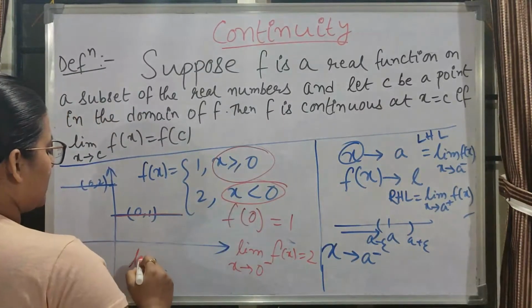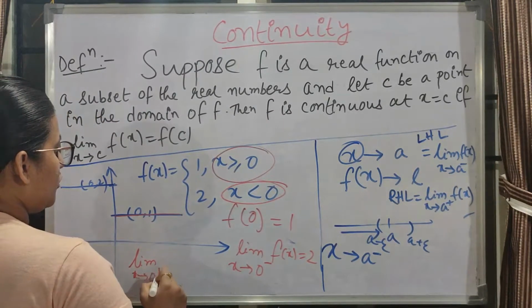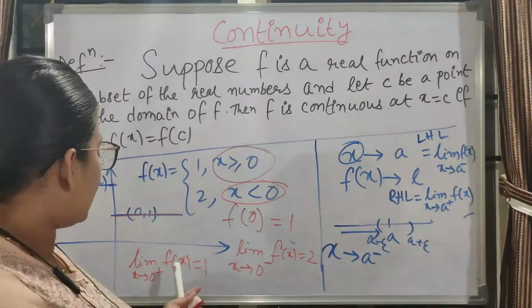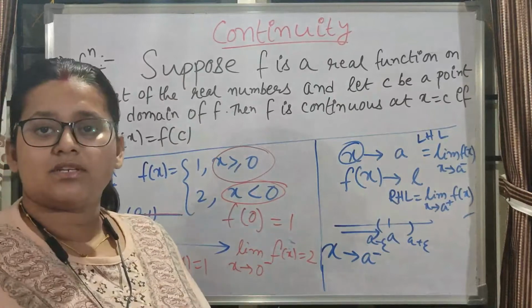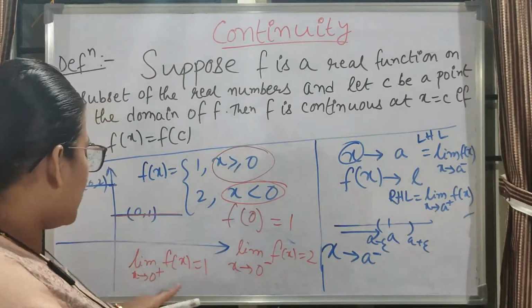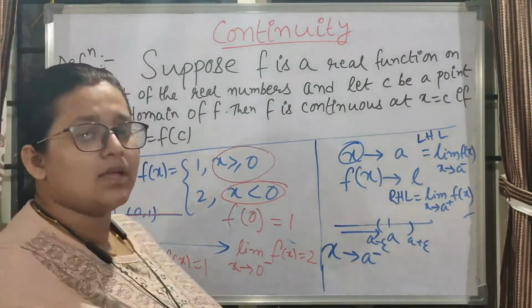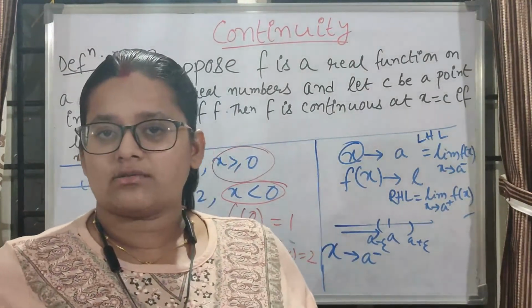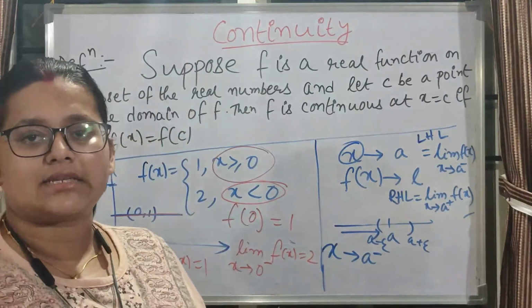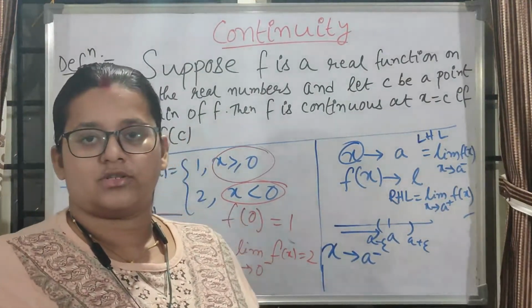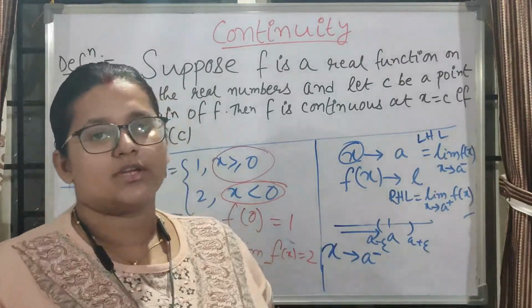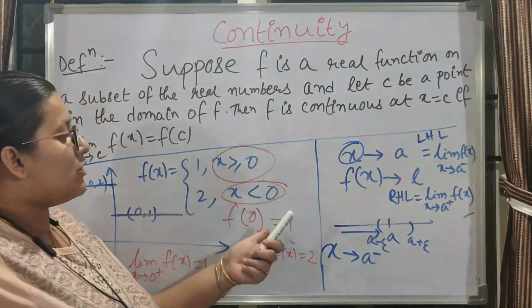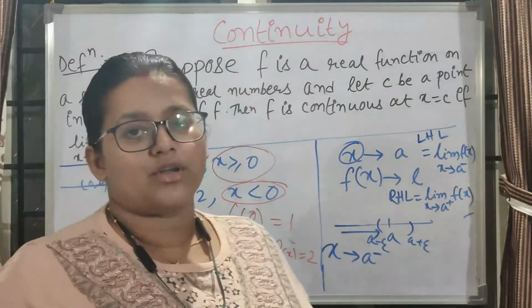The right hand limit, x tends to 0 plus, f of x value is 1. So from here we can say the left hand limit and right hand limit are not equal, so the function is not continuous. From both approaches we can say whether the function is continuous or not. If a function is not continuous, it is obviously a discontinuous function. So this is basically the continuity of a function at a point.